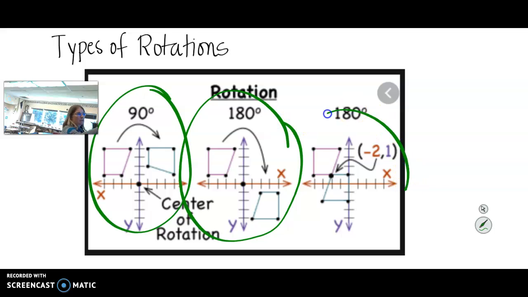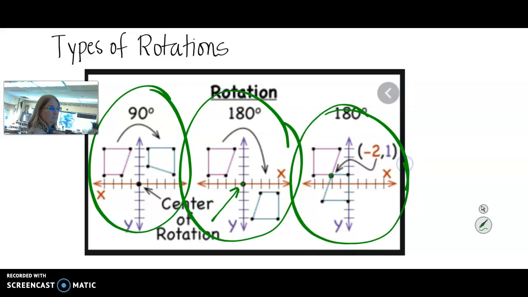So this is about the center of rotation at the origin. That's a 180-degree rotation. But if you move that center of rotation to a point like right here, (-2, 1), then it just is going to move around that point instead of around the origin. And so it would look like the blue figure in this graph.